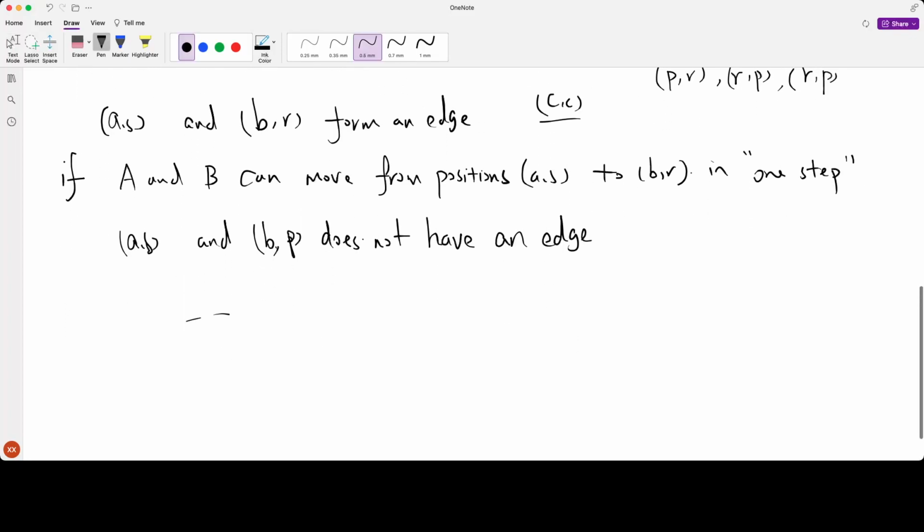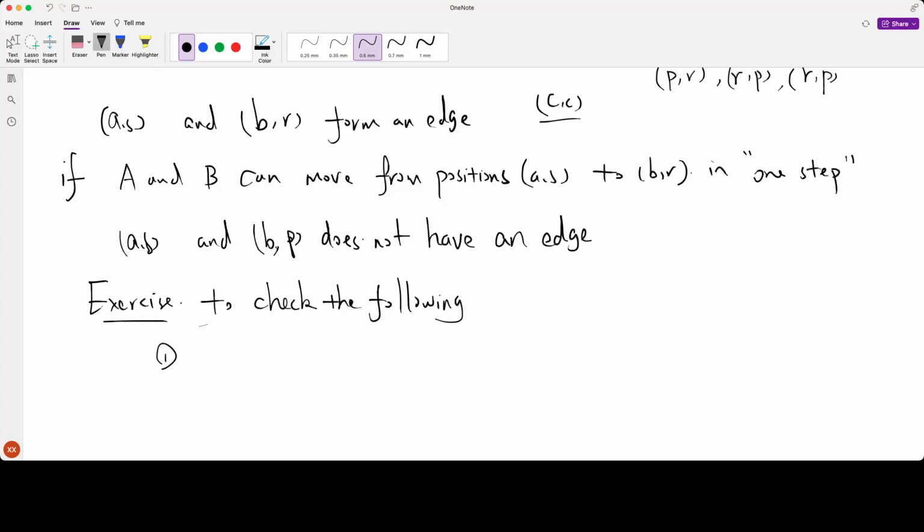I have notes. It's actually this last example of my notes. But I want to leave it as an exercise to check the following. The first thing, degree in this graph, the degree of AS is 1.